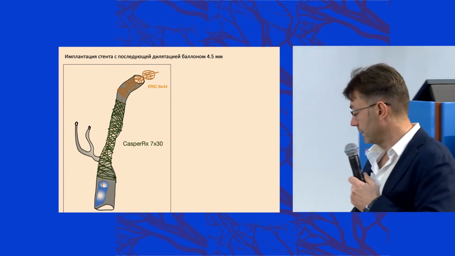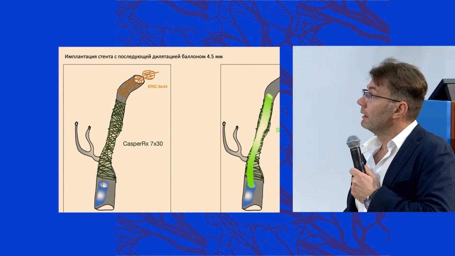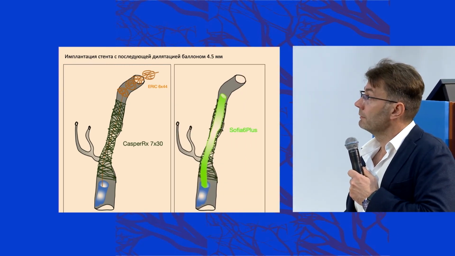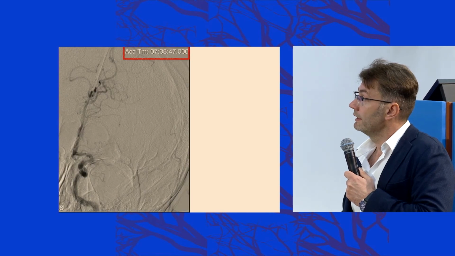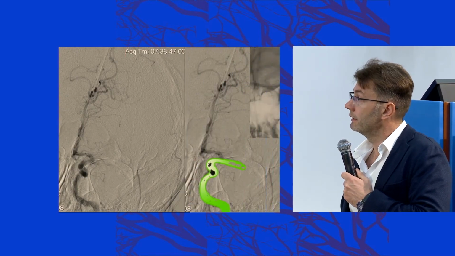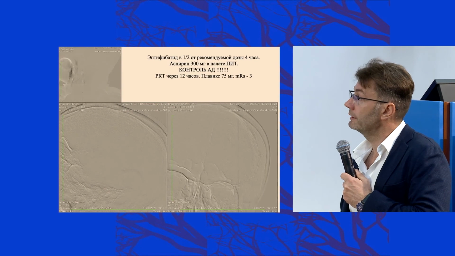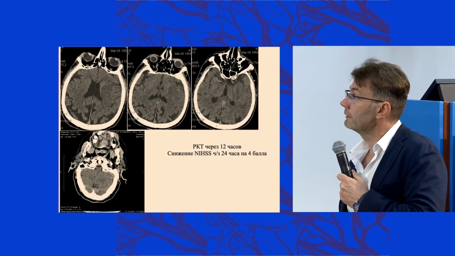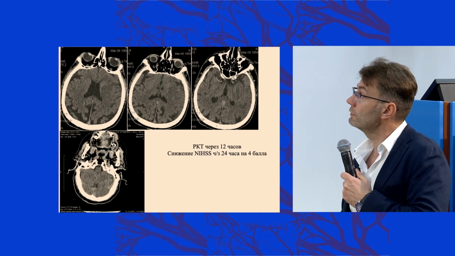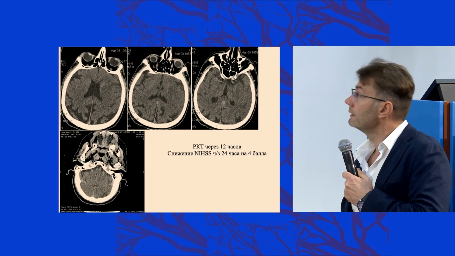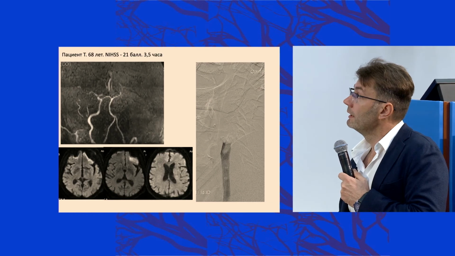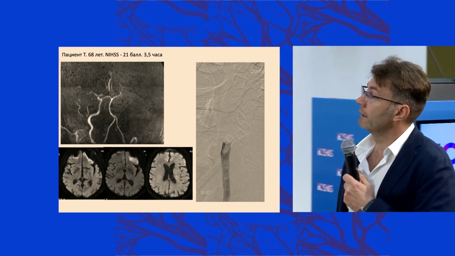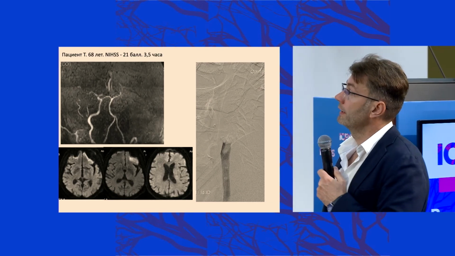At the same time, if clots are collected, we wanted to be able to remove them. Upon a stent implanted, an aspiration catheter was put to the M1 segment of MCA. Thrombus extraction was performed with cerebral blood flow restoration, CT in 12 hours. No signs of hemorrhaging, double disaggregant therapy.